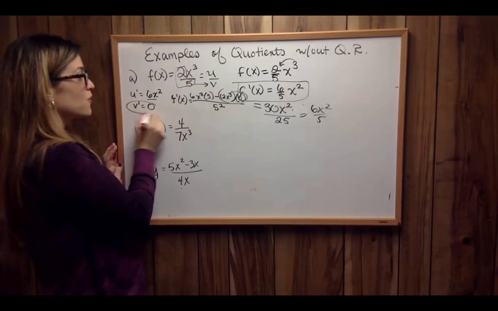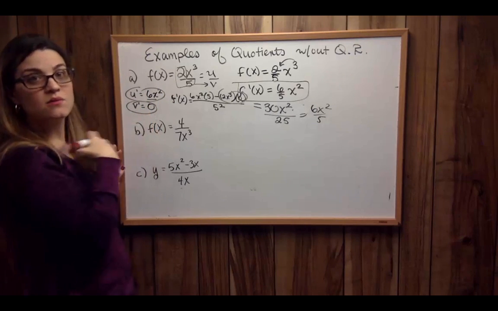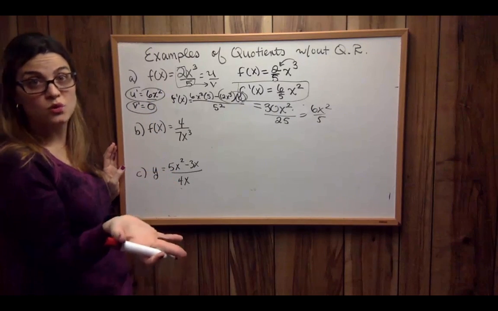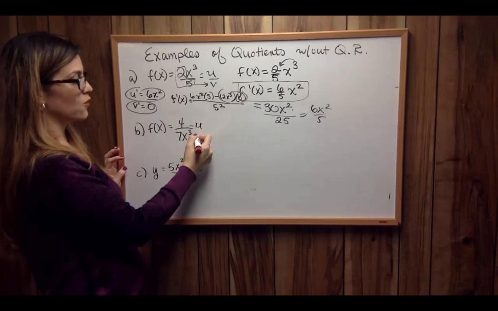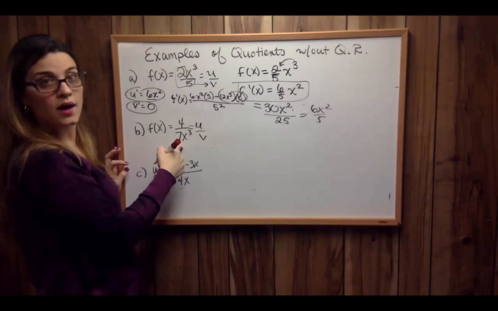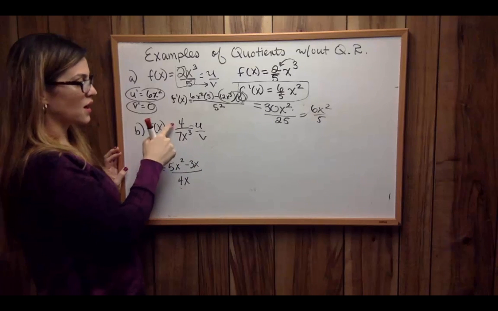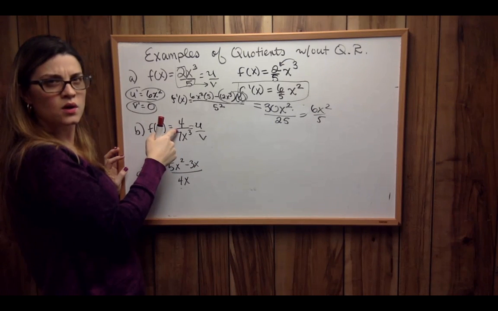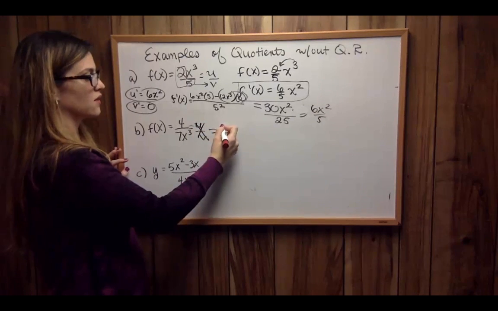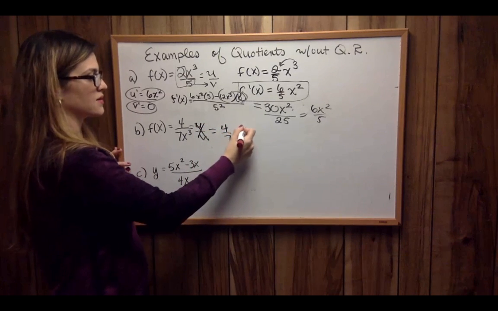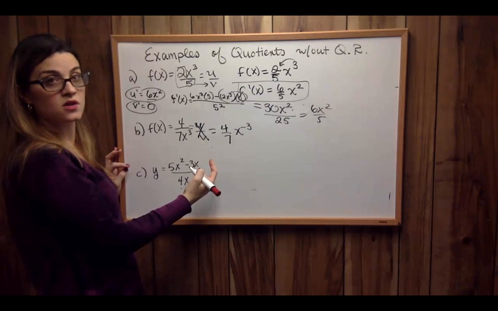If your v prime or your u prime ends up being 0, there's got to be a simpler way. Don't do the quotient rule. Notice here, same thing. Your u is just 4. Your v has a variable with it, but not with u, because the derivative of u will be 0. So I'm telling you instead to think of this as x to the negative third with 4 over 7 as the coefficient in front.